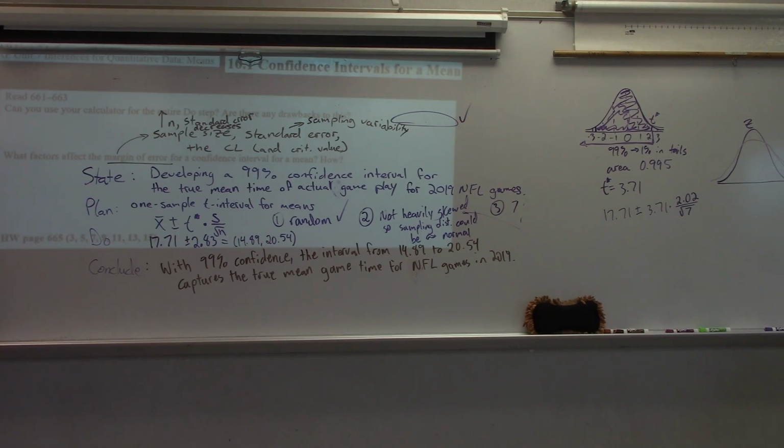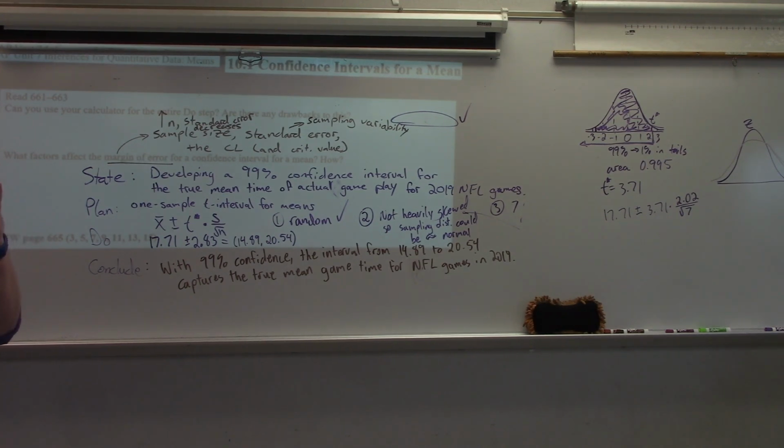Okay, so Alyssa, when we increase that confidence level, what happens to our interval? If I want to be more confident that I capture the parameter, should the interval be wider or smaller? Think about it this way.